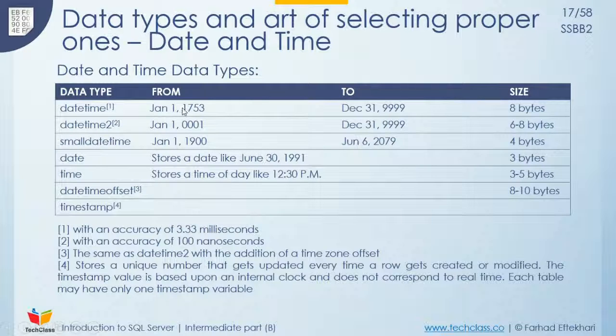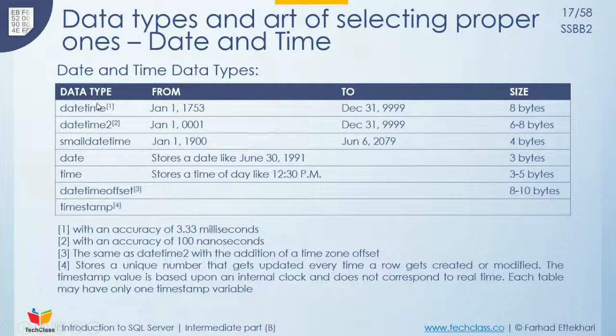For datetime, the limitation is from this exact date until this exact date. So we can store dates between these two, and it's going to use 8 bytes. For datetime2, it's from 1st of January 1 until 31st December of 9999.